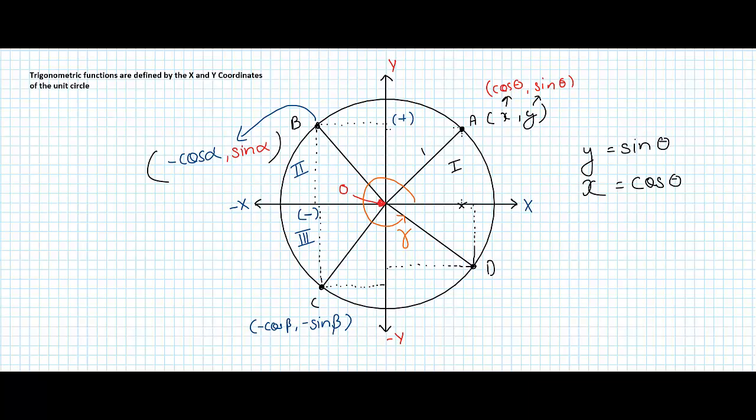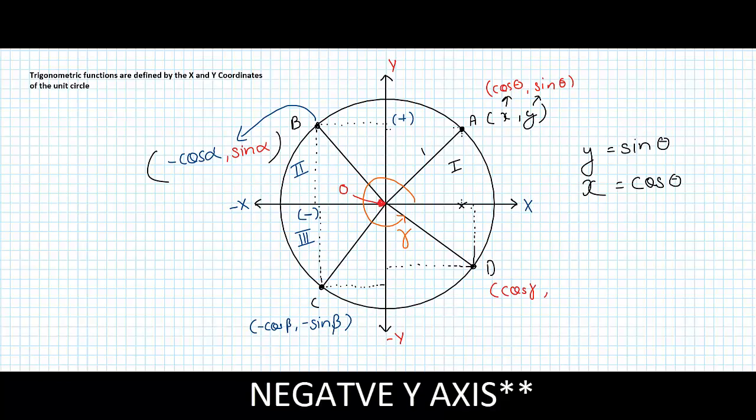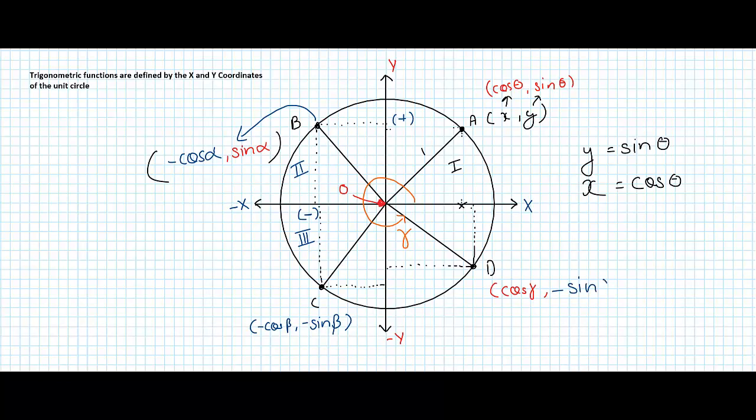So we can write the x coordinate of this point as cos gamma. The y coordinate is going to be negative because it lies below the x-axis. So the y coordinate is going to be negative sine gamma. That is why we again say that in the fourth quadrant the cos function is positive but the sine function is negative.